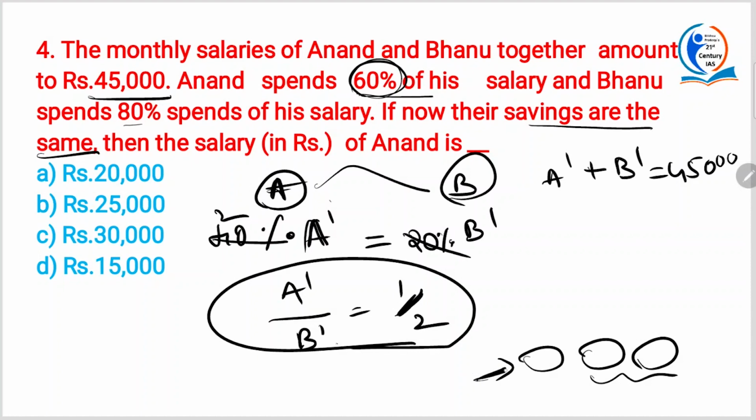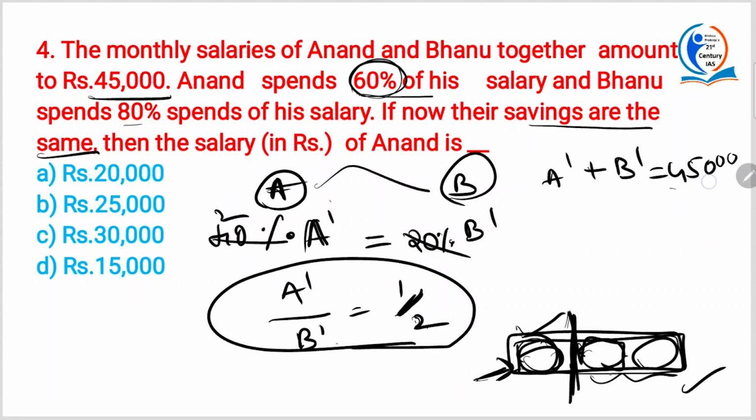B is twice of A. If there is a rectangle cake and there are 3 pieces, B is eating 2 pieces and A is eating 1 piece. That is the simplest form of understanding this.